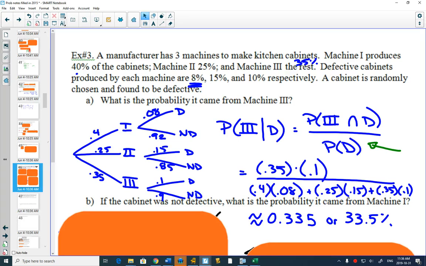We do the probability of both of them together over the probability it was defective. Machine 3 and defective is just this branch. 3 and defective, 0.35 times 0.1. The probability of it being defective could come in 3 different cases. It could have been a defective 1, through 2, or through 3.